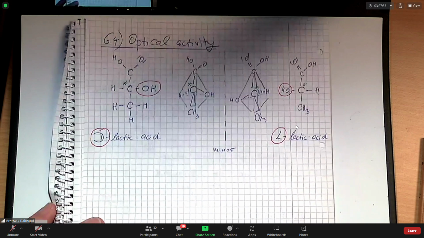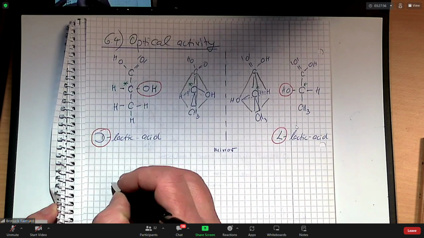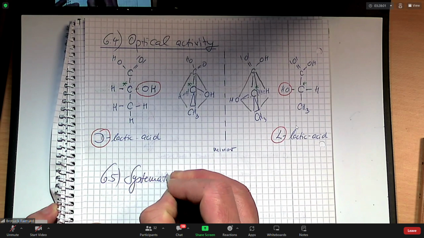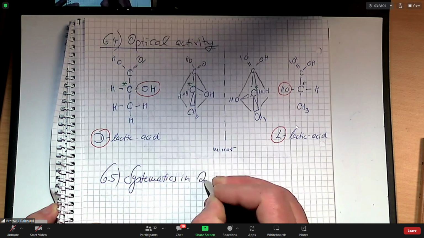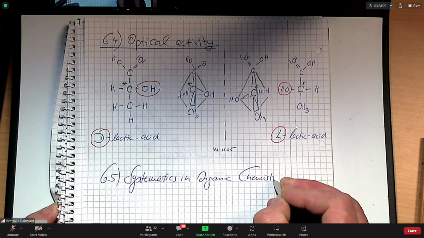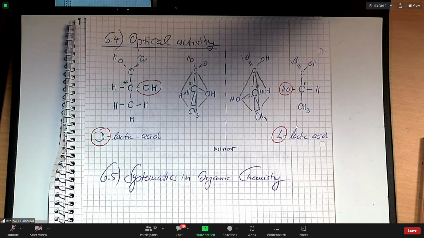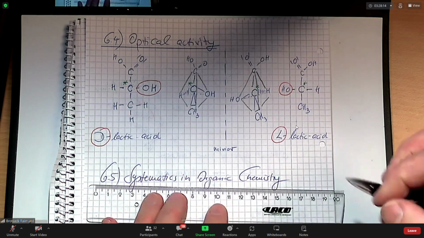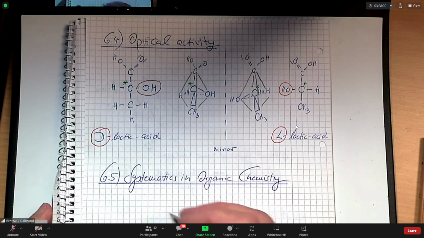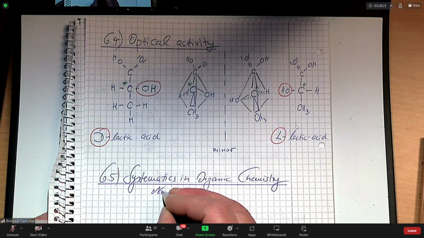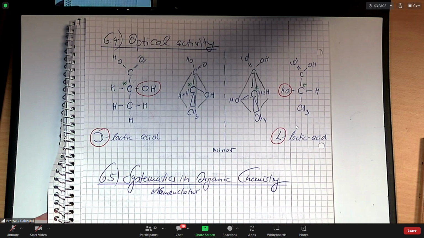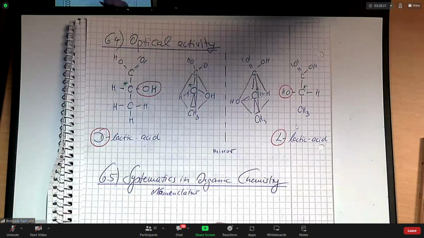Then let's talk about systematics in organic chemistry. Or let's name it the nomenclature. Aliphates, that is the first group.